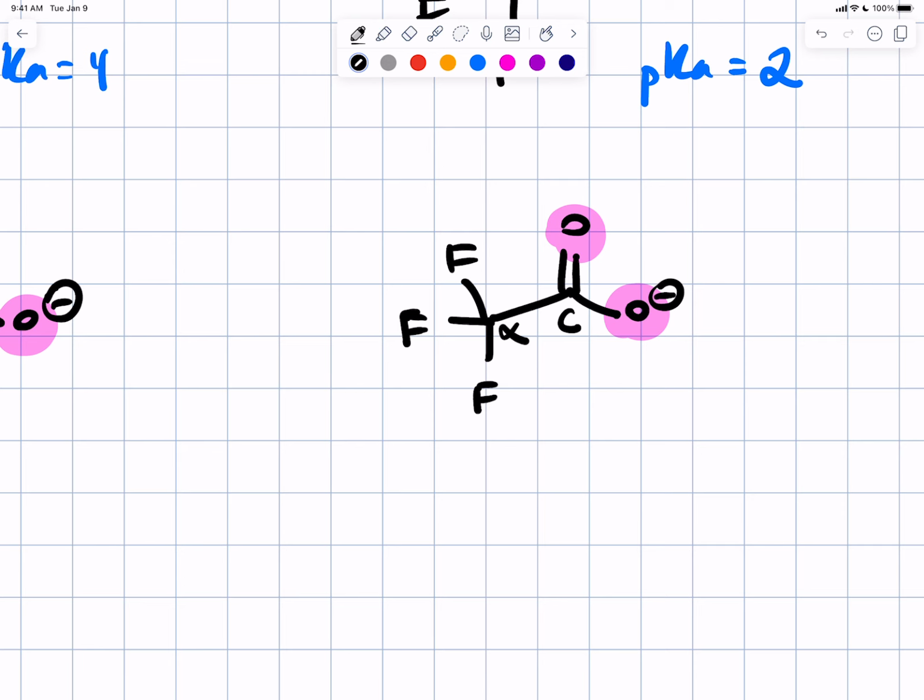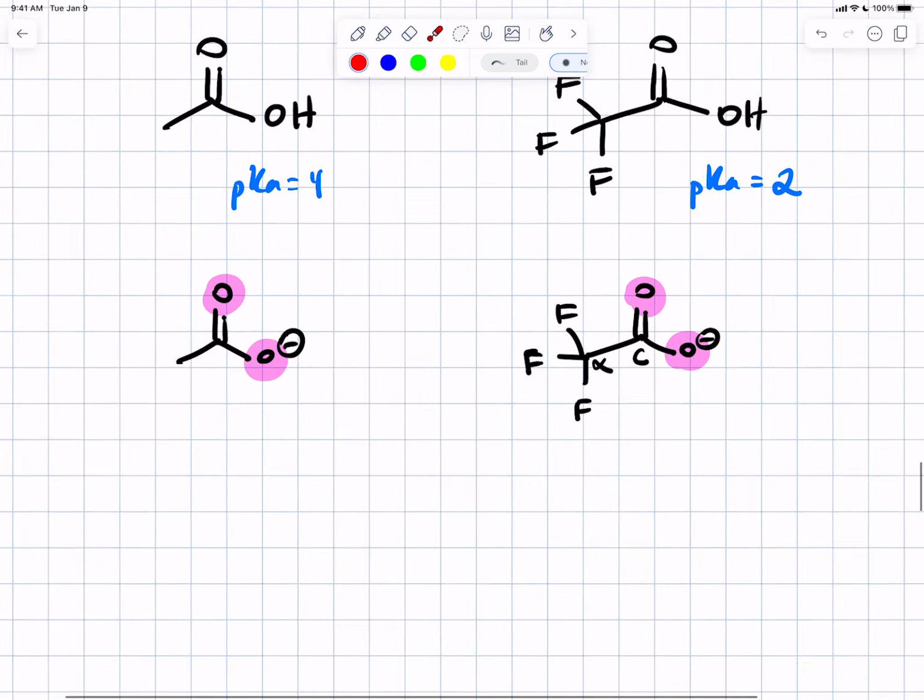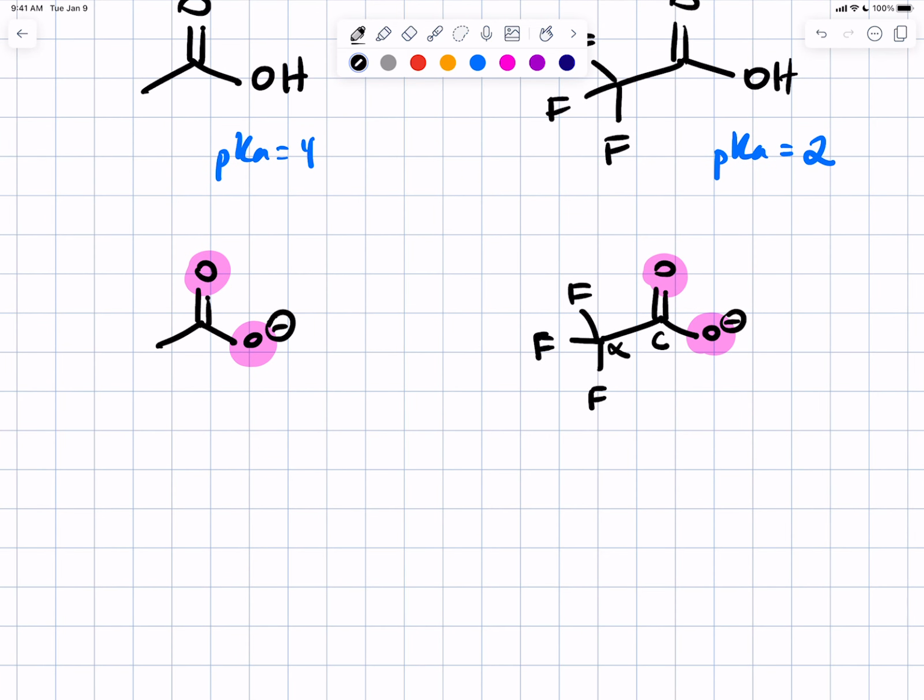Organic chemists tend to assign Greek letters to atoms to identify how far away we are from some reference point. So if this carbon is our reference point, this is the alpha position. If we went one more out, that would be the beta position, and so on. So for the trifluoroacetic acid, the alpha carbon has fluorines on it. For just regular acetic acid, the alpha carbon just has protons on it.